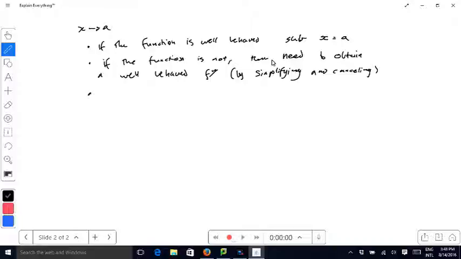The third option, if it's not possible, so if we can't simplify the equation from step 2, then the limit does not exist.